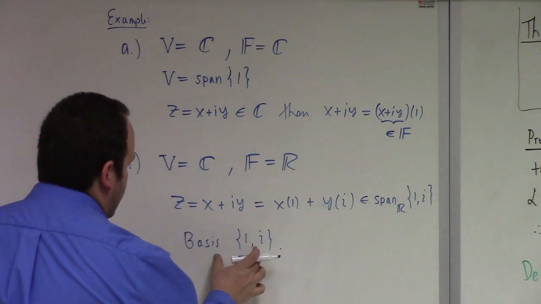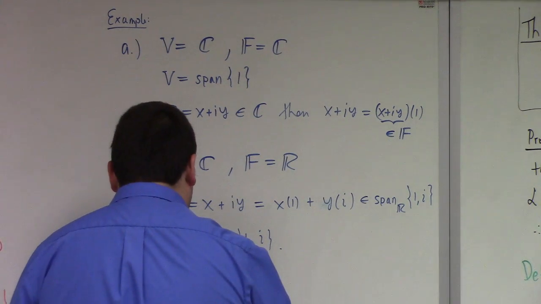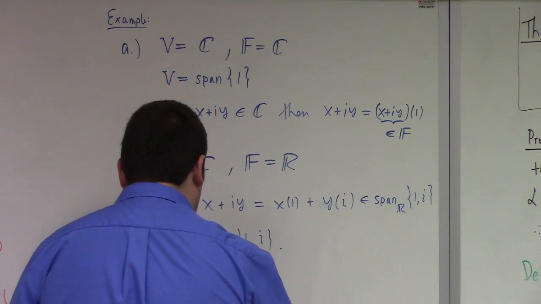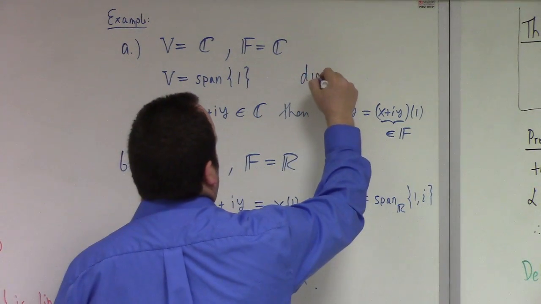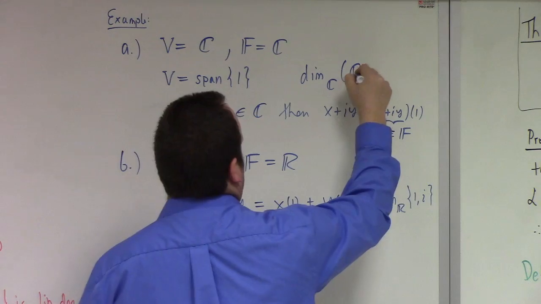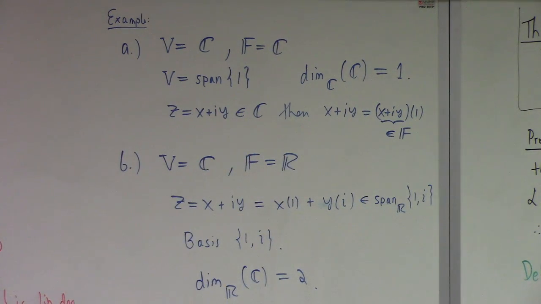So over the reals, the complex numbers are two-dimensional. The dimension of the complex numbers over the reals is 2. Up here, the dimension with respect to the complex field of the complex numbers is just 1. So the concept of dimension very much is based on your choice of field.